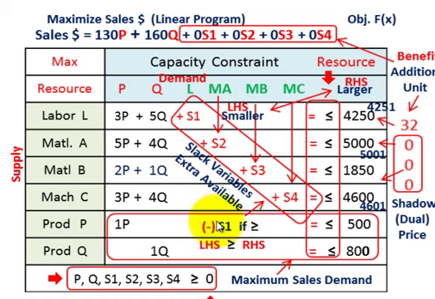Your slack variable would be a minus S, or a surplus variable, if you have the greater than or equal to inequality. So this side would always be bigger, larger on your left-hand side, and your right-hand side would be smaller in that case. So you'd have to be subtracting. Being larger, you'd have to take something away from your demand in order that it equals the resource or the capacity that you have, just to get that understanding.